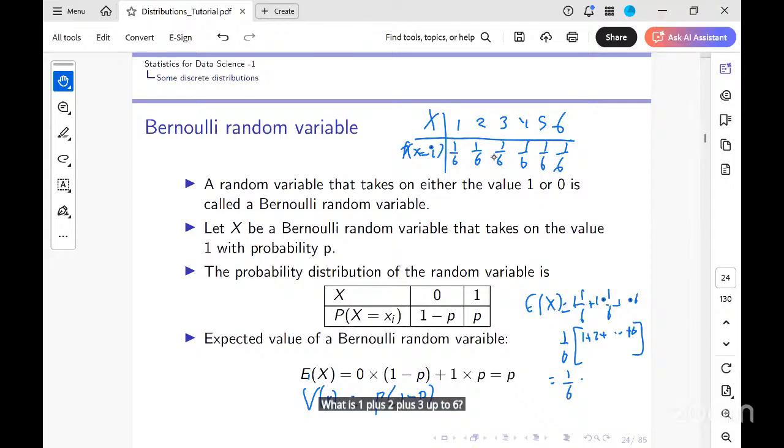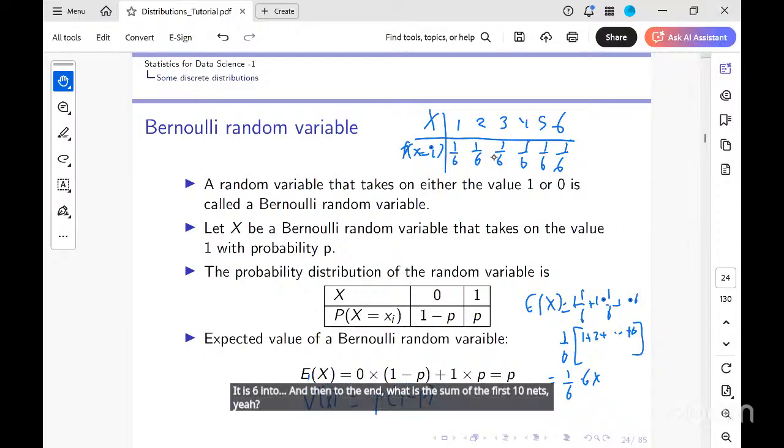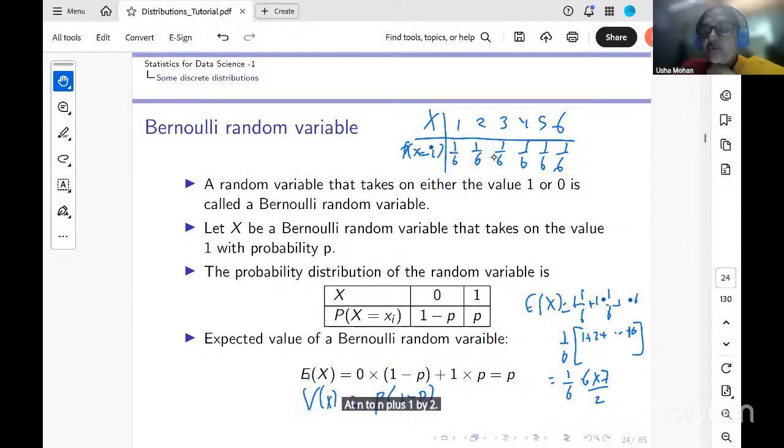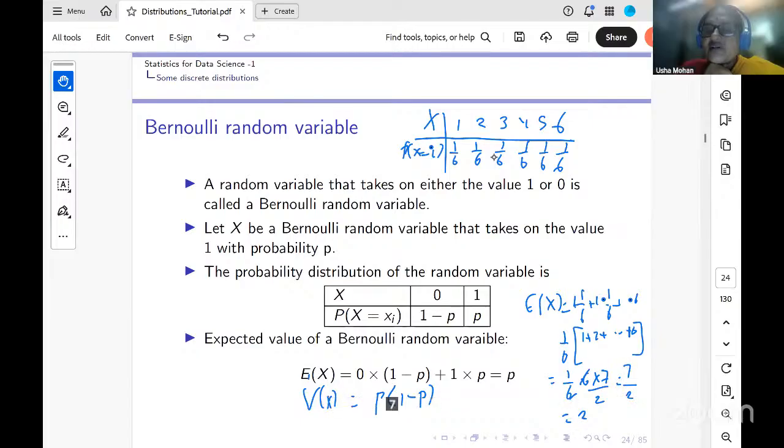In general, the sum of the first n is n into n plus 1 by 2. So the expectation of x is 21 by 6, which is n plus 1 by 2, which is 7 by 2, which is 3.5.